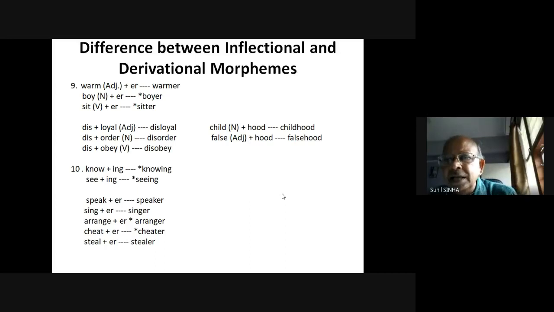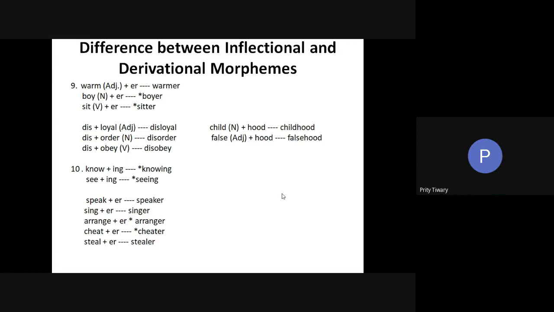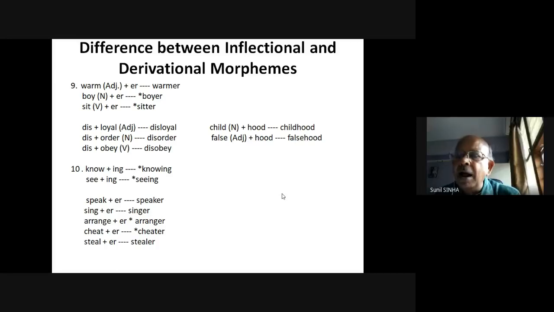Write, writer, one who can write. Play, player. Run, runner, one who can run. But can we add it to arrange? We cannot have arranger. Can we add it to cheat? We do not have cheater. Although this has come into fashion, wrongly people say he is a cheater, but that's wrong. He is a cheat.